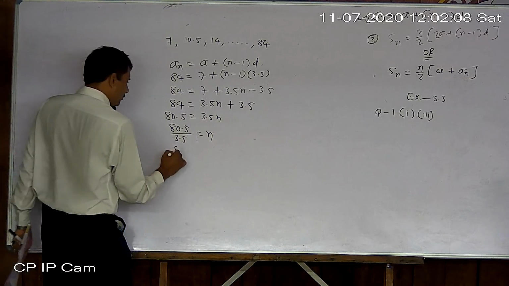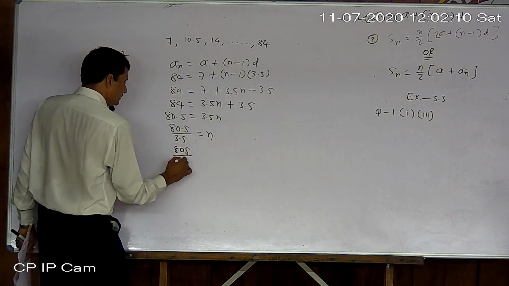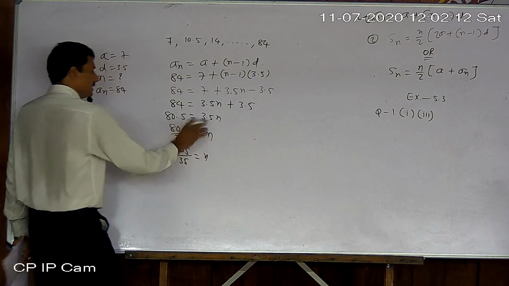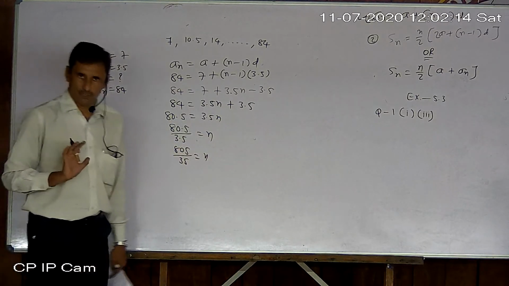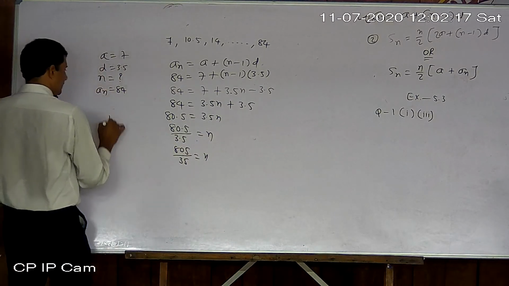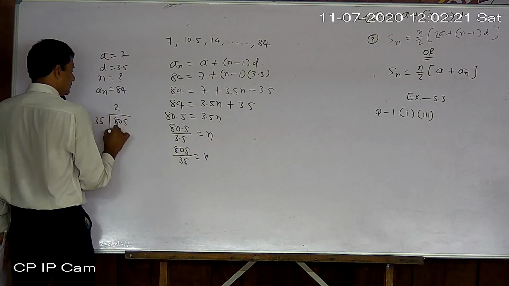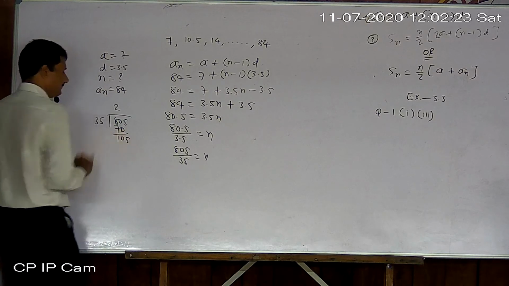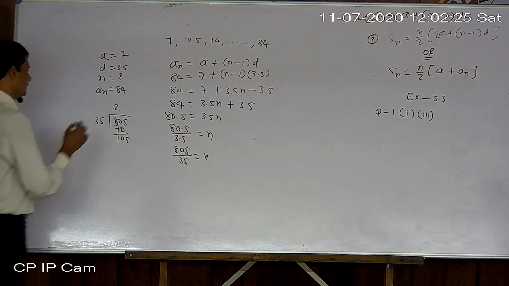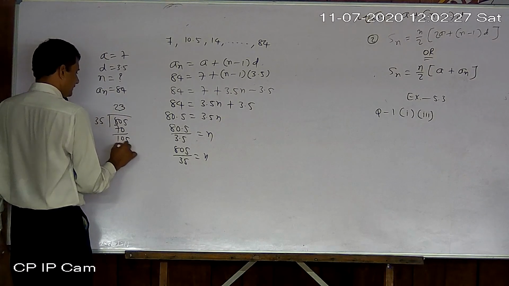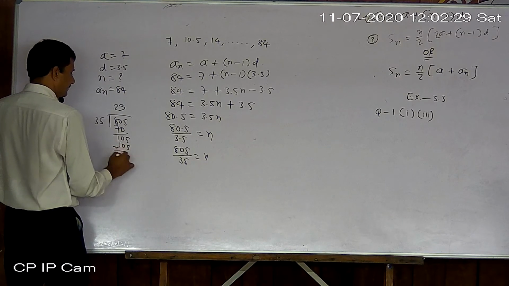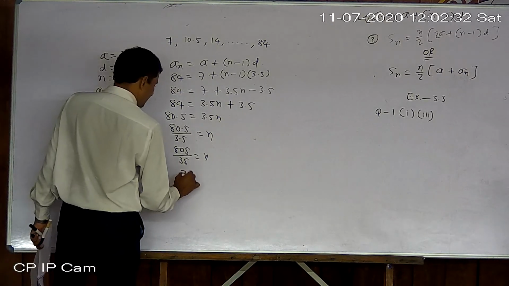I remove both decimal points: 805 upon 35. Okay, I multiply numerator and denominator by 10 only. Now just look there. 35 twos are 70, 10. Now 35 threes are 105. Okay, so 23 equals n.